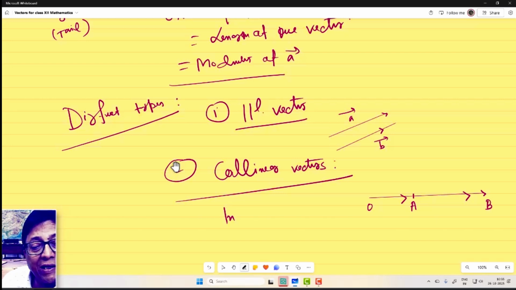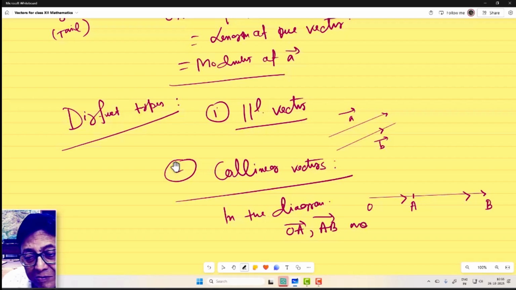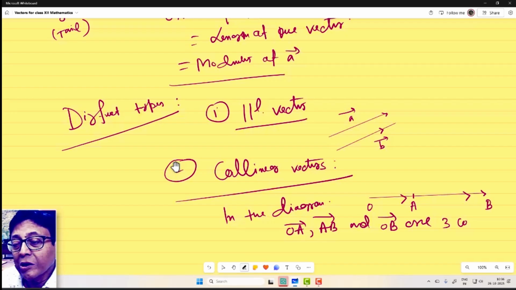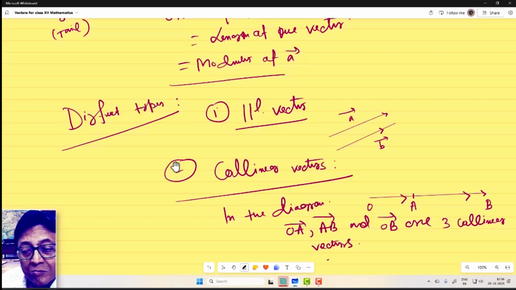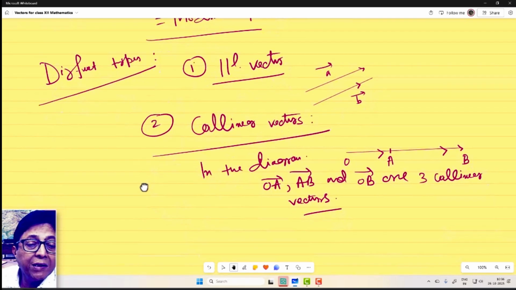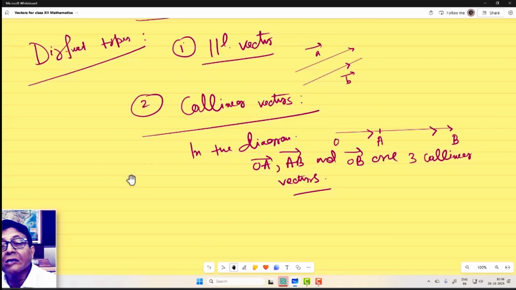So in this diagram, OA, AB and OB are three collinear vectors. So collinear vectors have the same direction as well as lie on the same line.